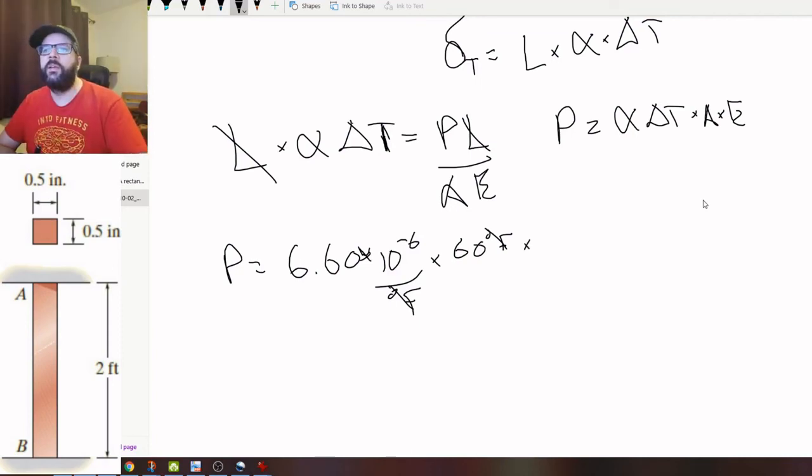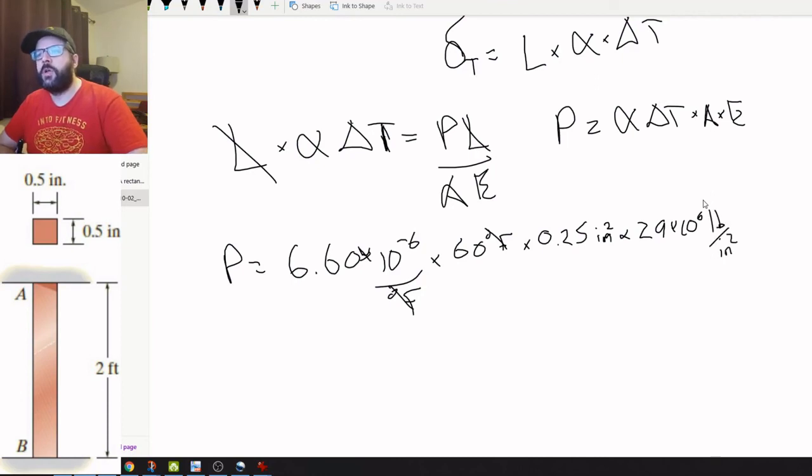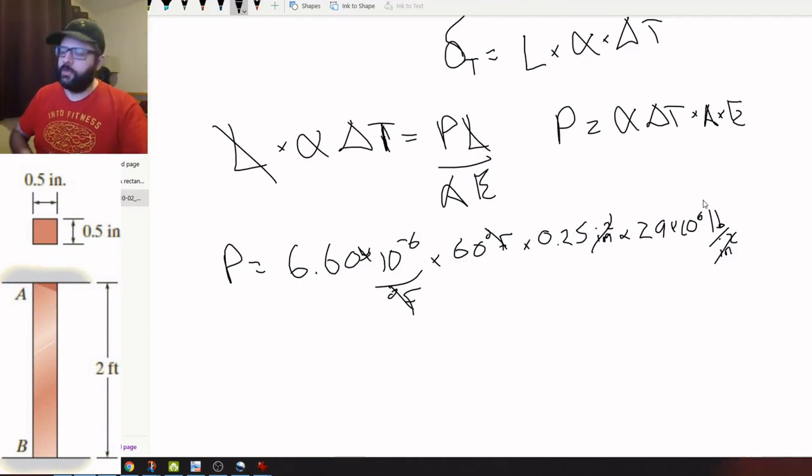times an area, so 0.25 inches squared, times our Young's modulus, so our Young's modulus is 29 times 10 to the 6 pounds per square inch. And we'll just cancel out those square inches. So the number that we get here should be in pounds, and we're looking for a load. So at least the units we're looking for match what we should be getting.